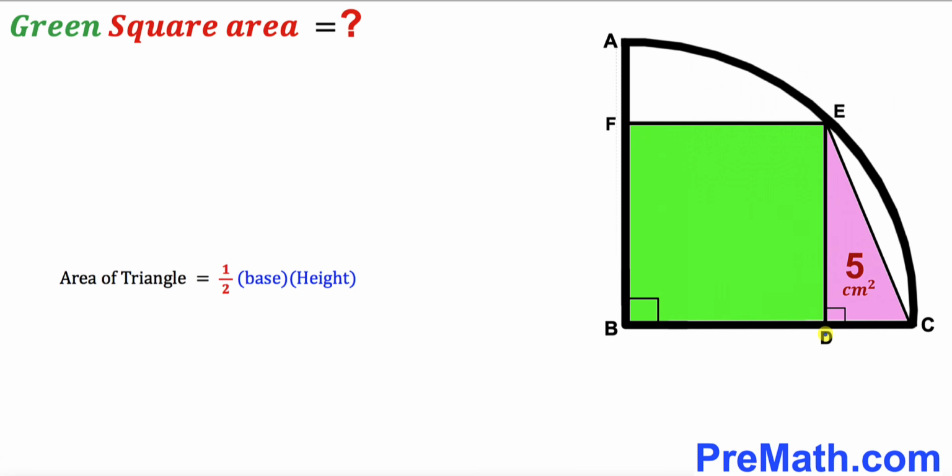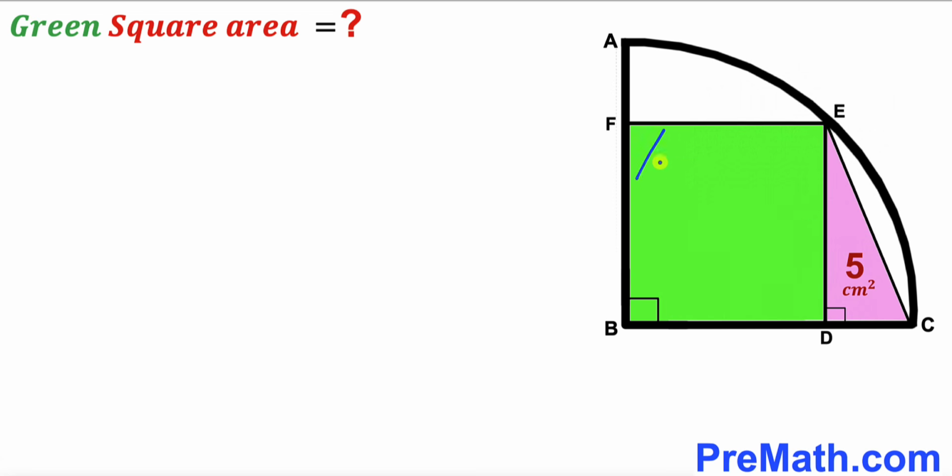In our case, the base of this purple shaded triangle is segment CD, whereas the height is going to be DE. So our task is to find the length of segment CD and side DE.